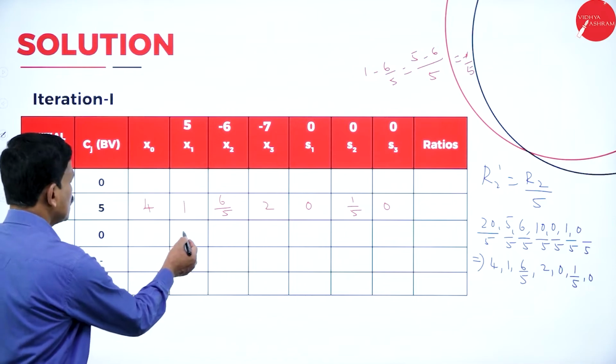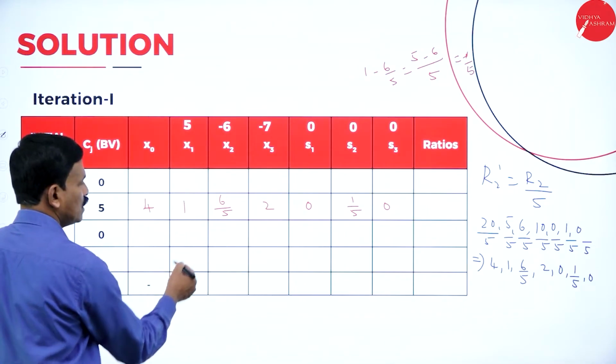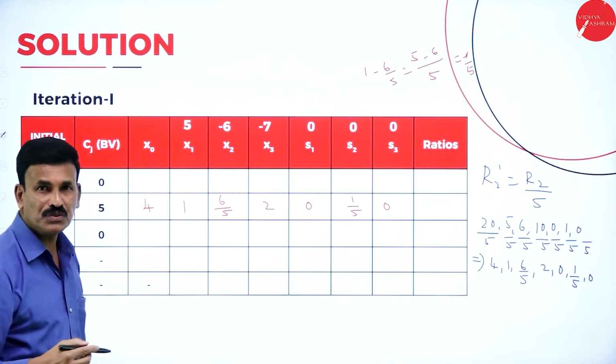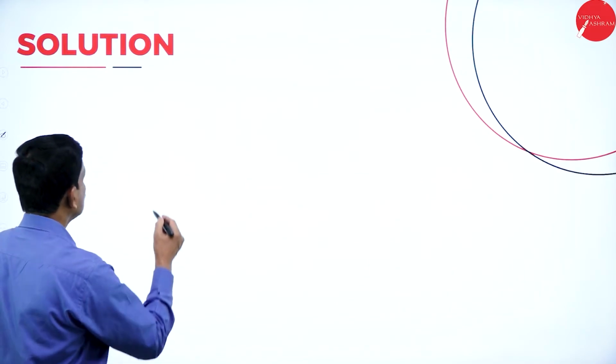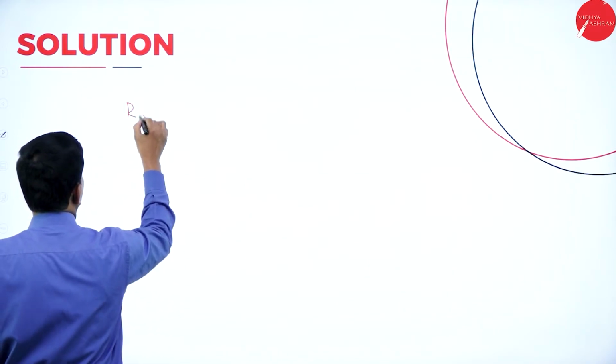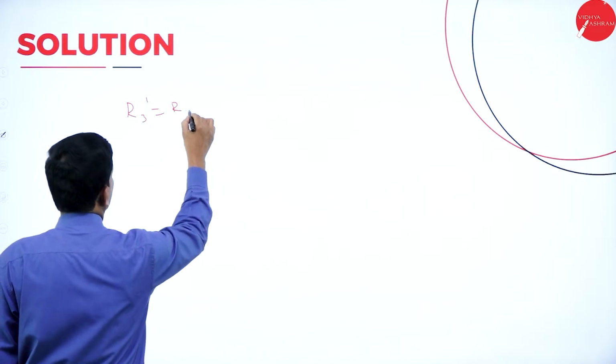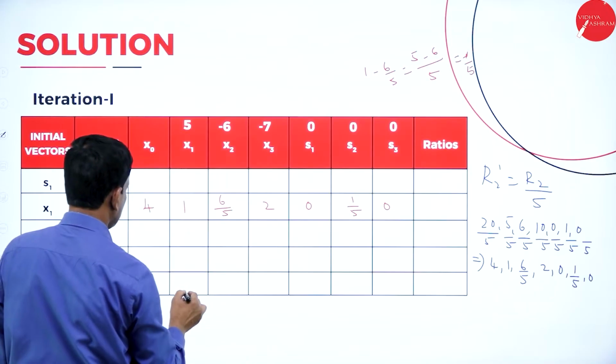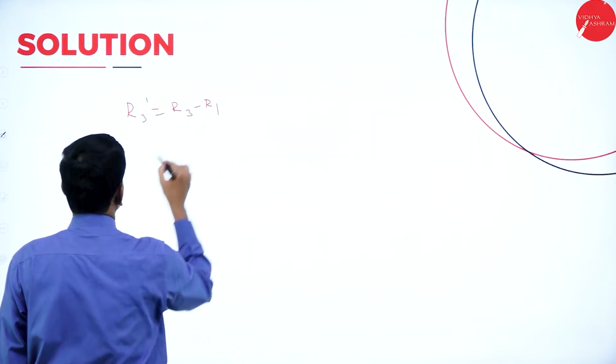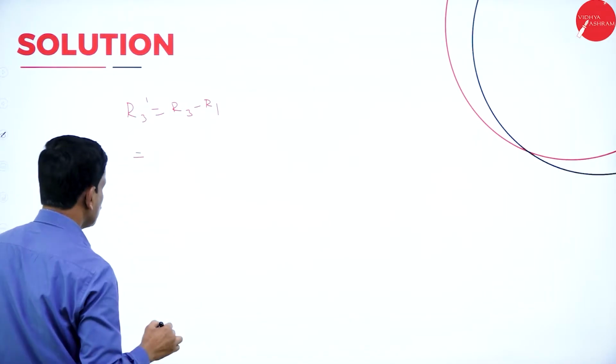Let us convert this element to 0. To do that, I am going to perform the row operation R3 dash is equal to R3 minus R1. What are the elements of R3?